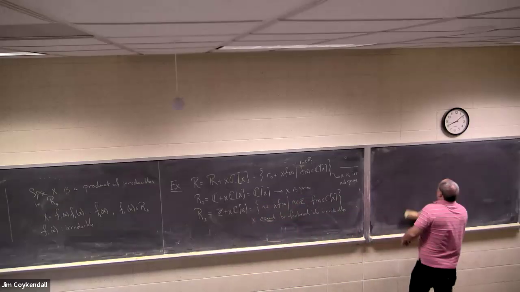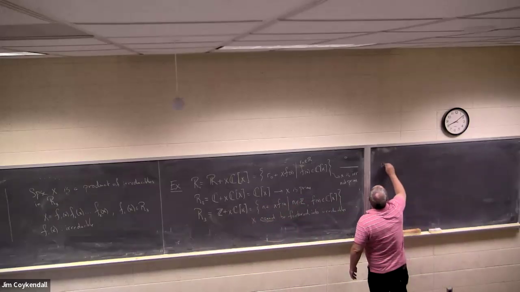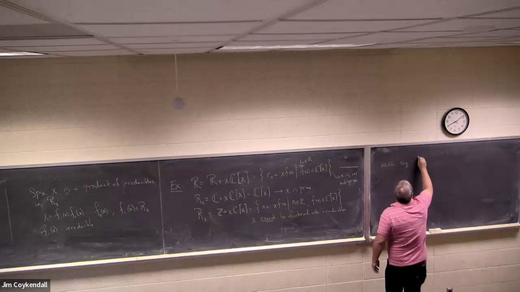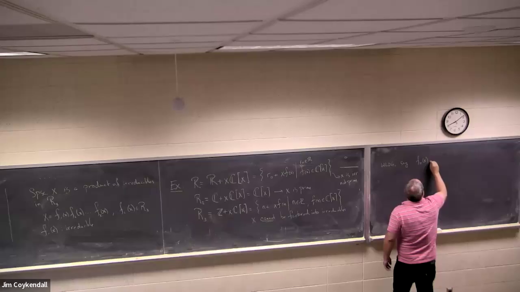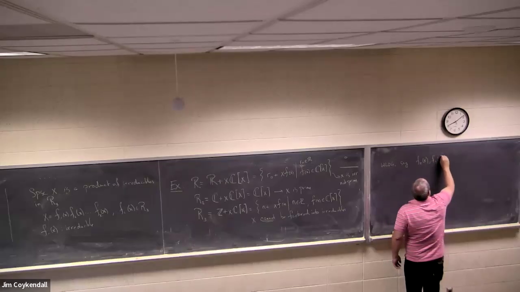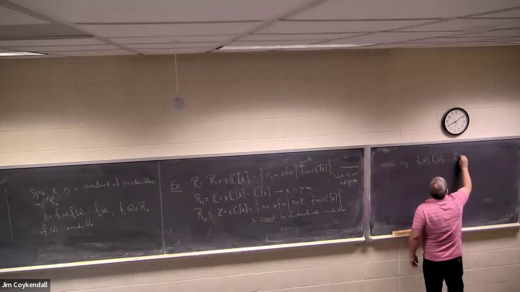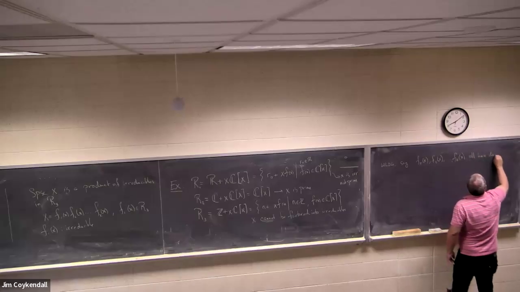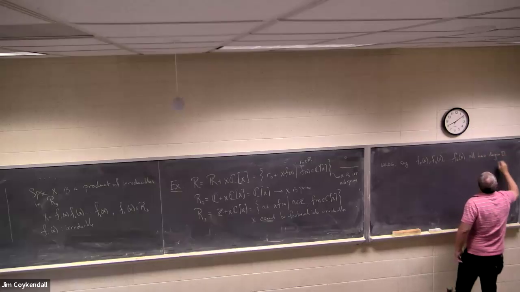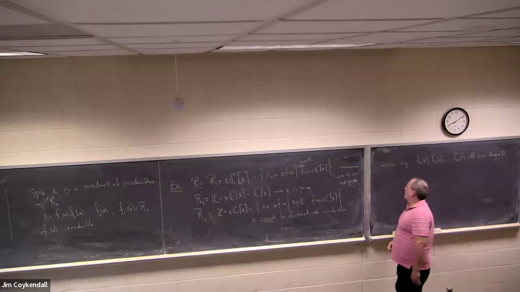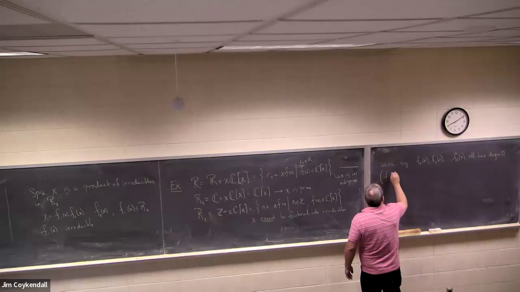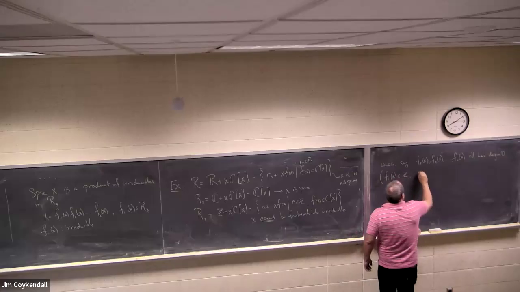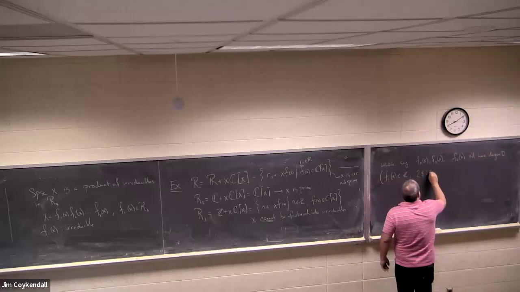Without loss of generality, f2(x), f3(x), all the way up to fk(x), all have degree 0. So that is to say, fi(x) is in the integers for all i between 2 and k.